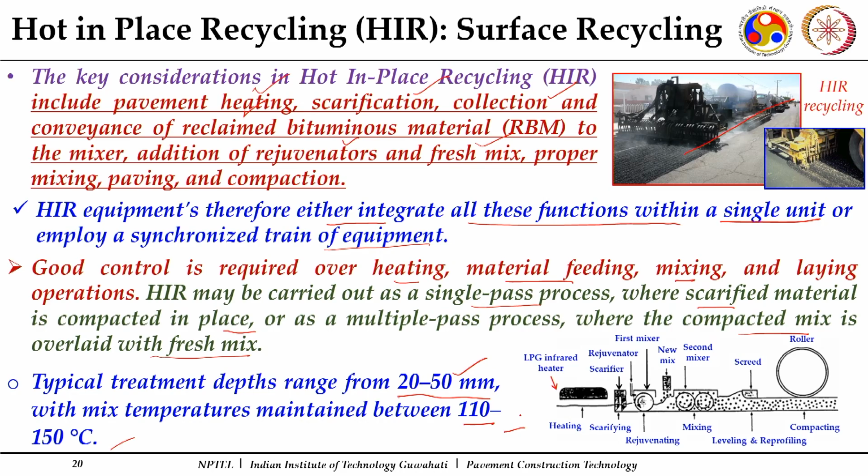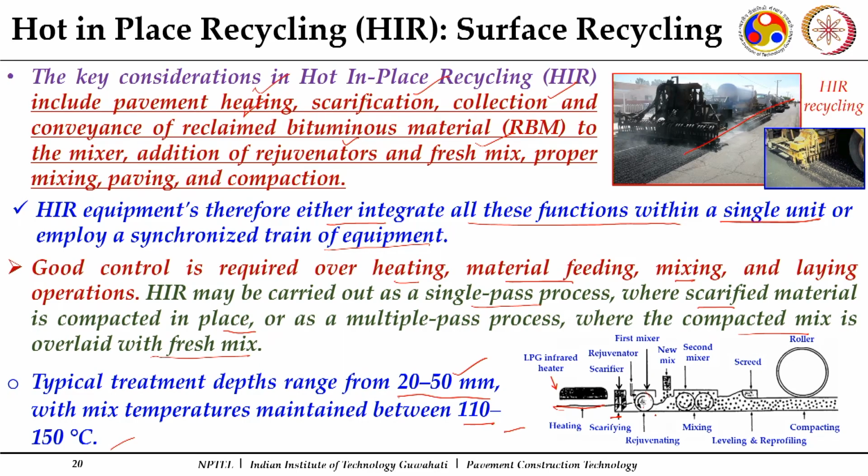This is a small sketch which shows how the process works. We have infrared heaters to heat the existing surface. Then we have scarifiers which remove the softened pavement surface to a desired depth, and then we have the first mixer where you add the regenerating agents and mix.